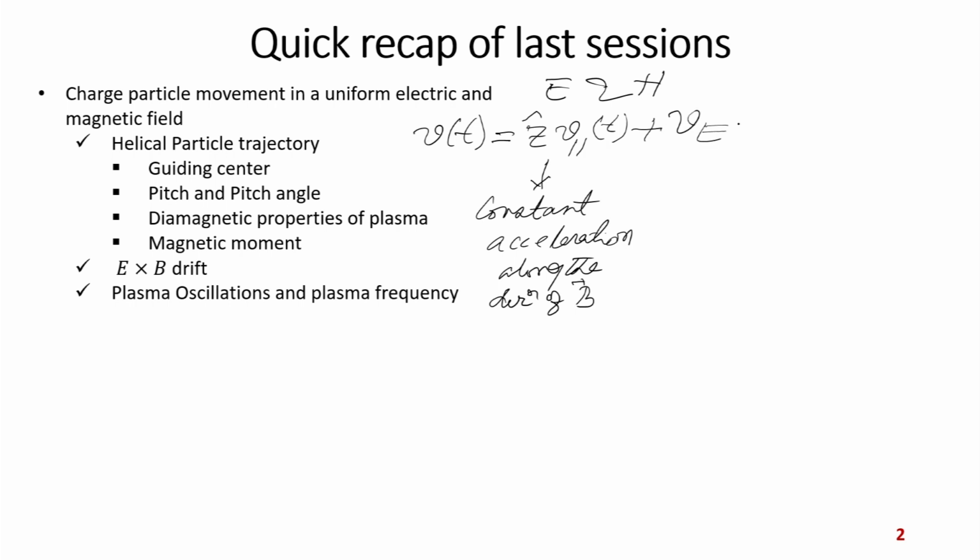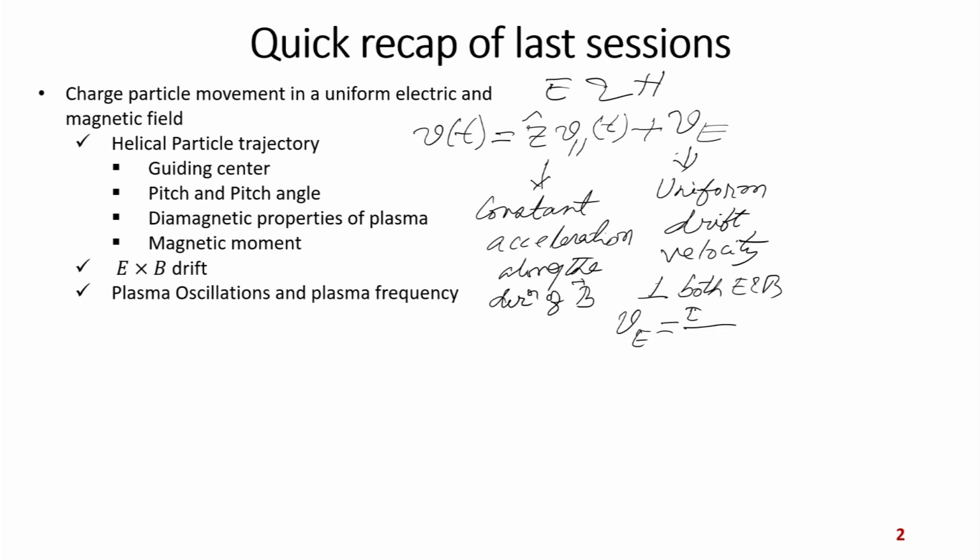This we call the uniform drift velocity, which is perpendicular to both E and B. And we have derived that expression: V_E is the cross product of E and B divided by B square.